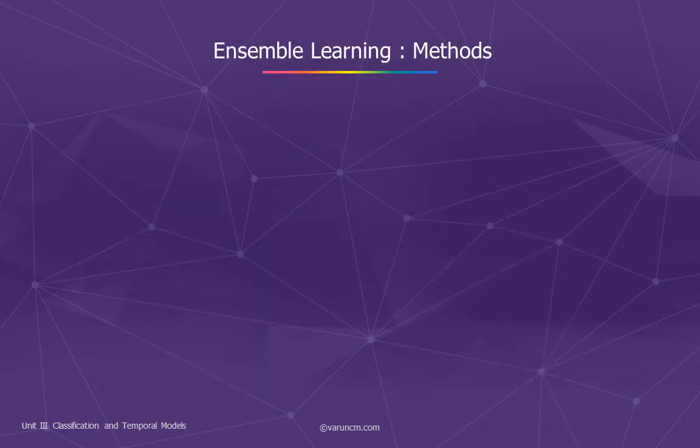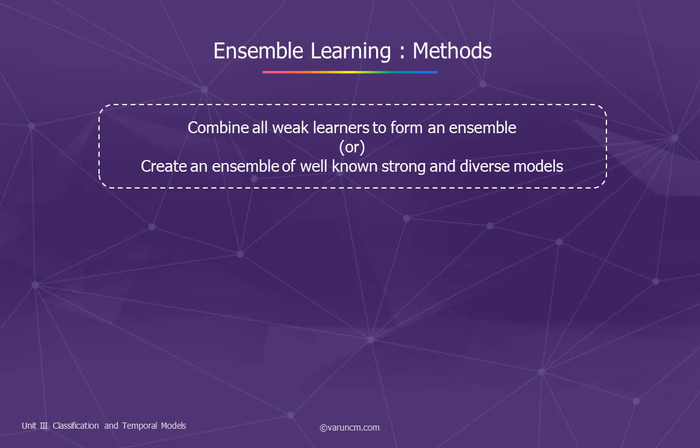Next we could see the methods by which this ensemble learning can be performed. The first thing we are going to do is combine all the weak learners to form an ensemble. The term weak learners I am mentioning here is just the various machine learning models that we are going to combine.